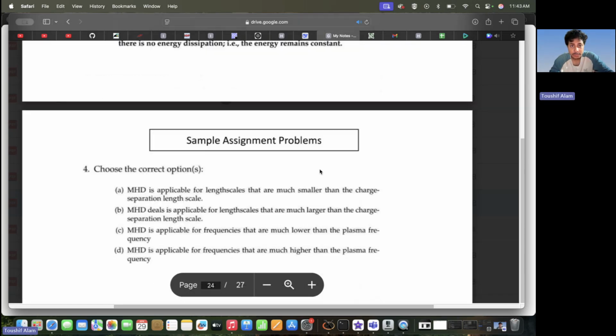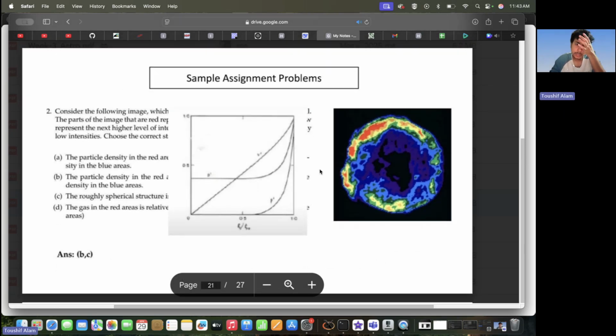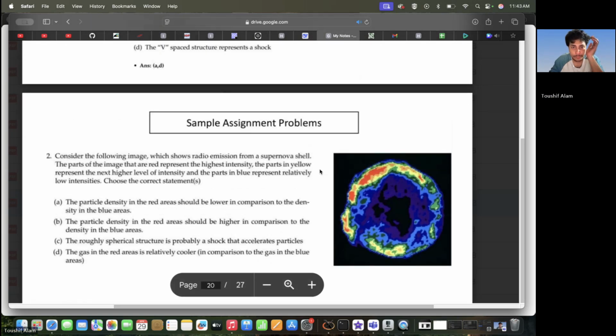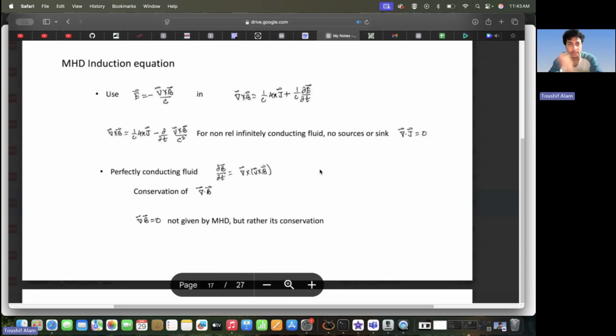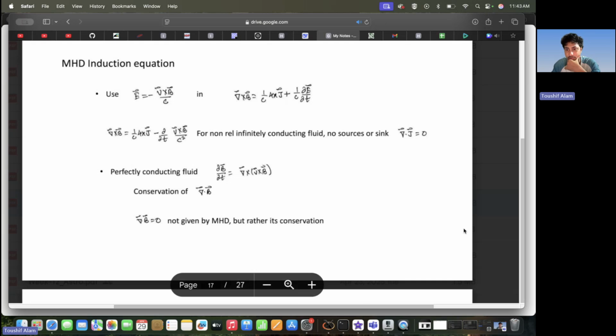So you have seen the magnetic induction equation. You can see the induction equation: 1 by c, 4 pi J minus del B by del t equals.